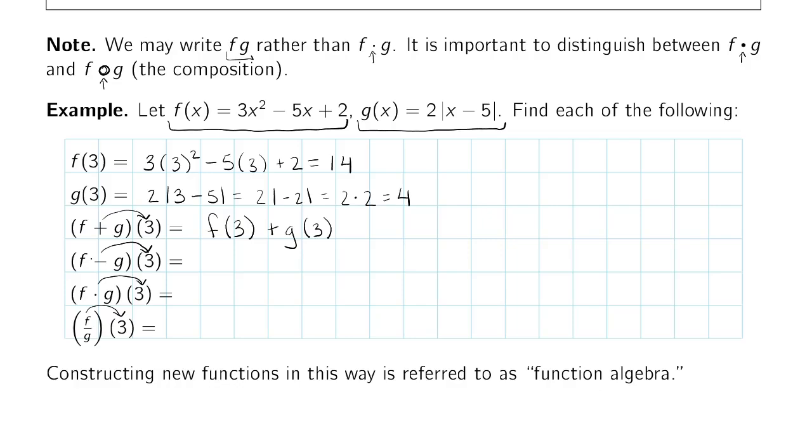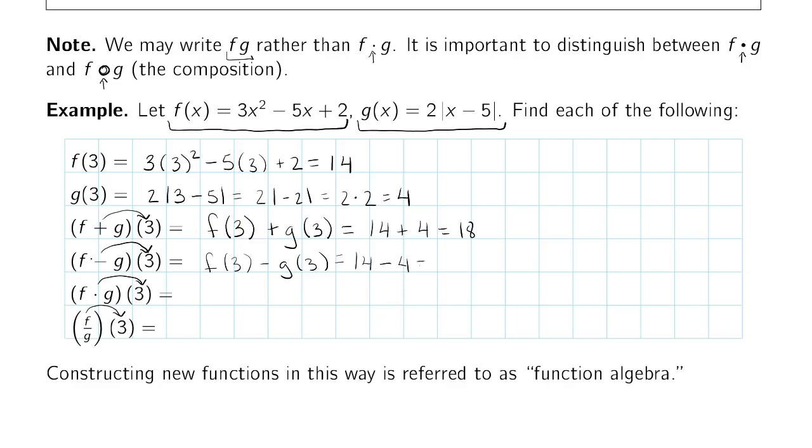F plus g of 3, we said, was f of 3 plus g of 3. So that'll be 14 plus 4 is 18. F minus g of 3, well, that's f of 3 minus g of 3, which will be f of 3 is 14, g of 3 is 4.